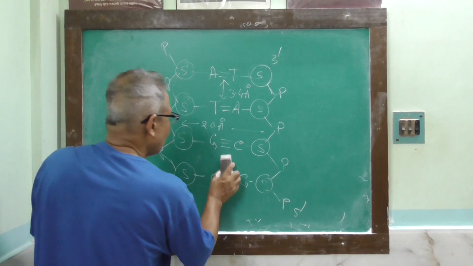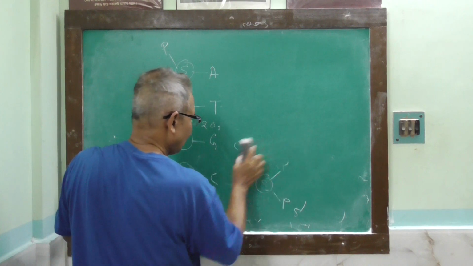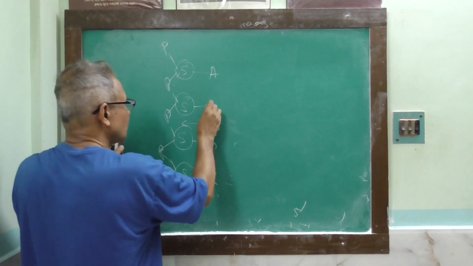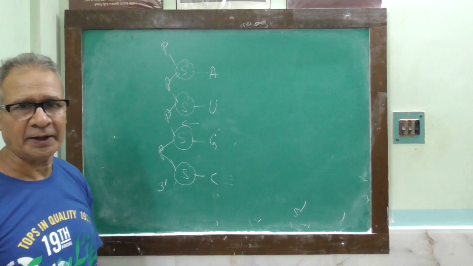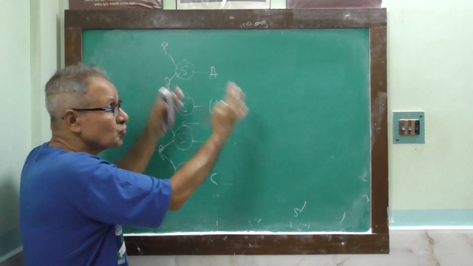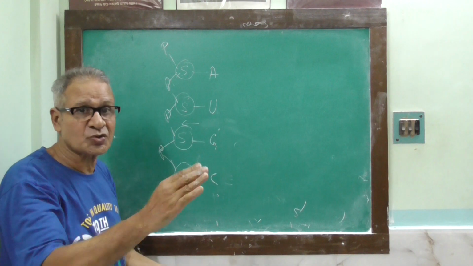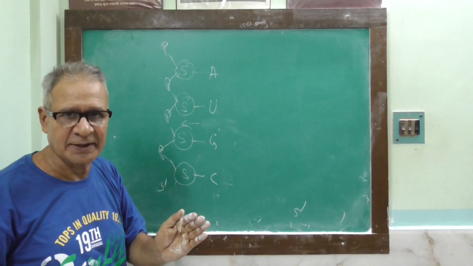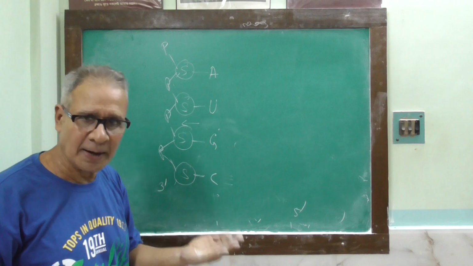So if we remove the one side, and here in place of T, U is placed. It is the structure of RNA. And in case of DNA, as there are 2 strands, and adenine and thymine, guanine and cytosine are present, these are known as complementary base pairing. And here complementary base pairing is absent.